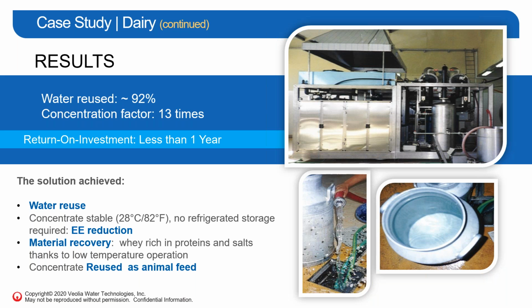We're talking about 10 months of return of investment. And due to the fact that for this application we use a heat pump, we are able to reduce the production of Escherichia coli both in the water and in the whey milk. So in this case, we save money for the customer.